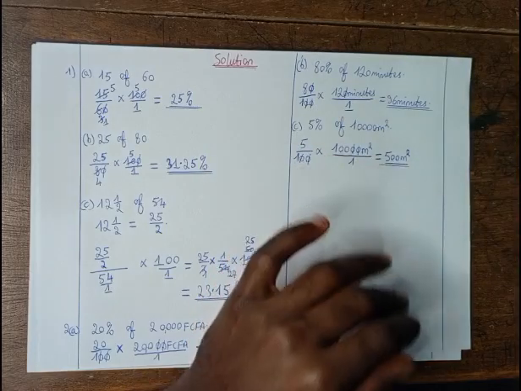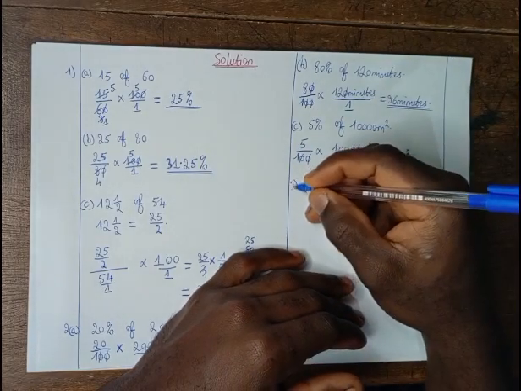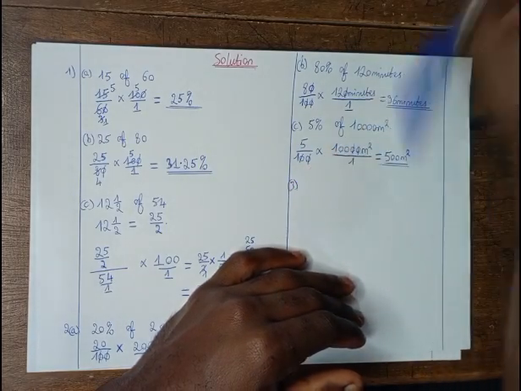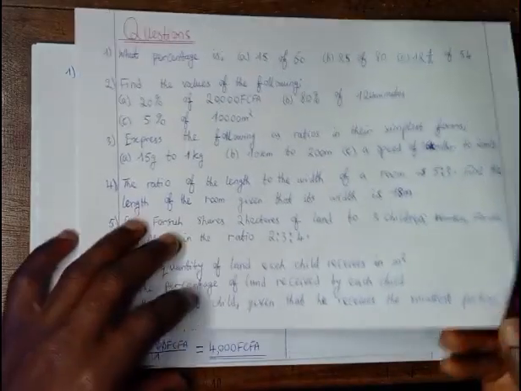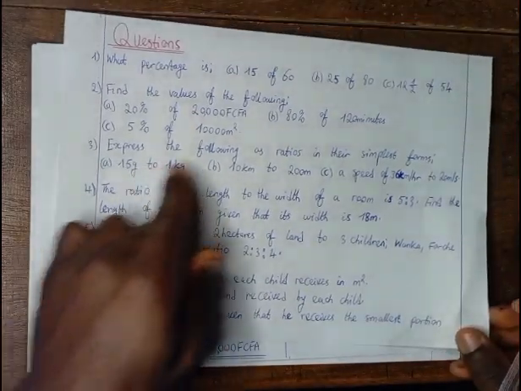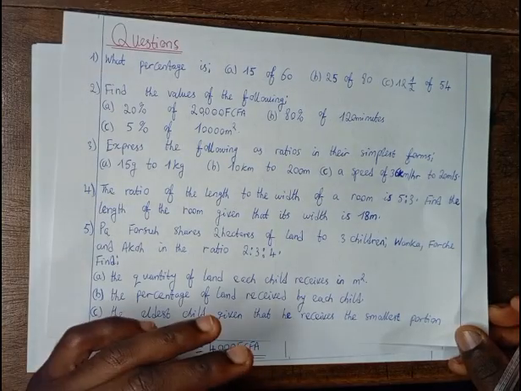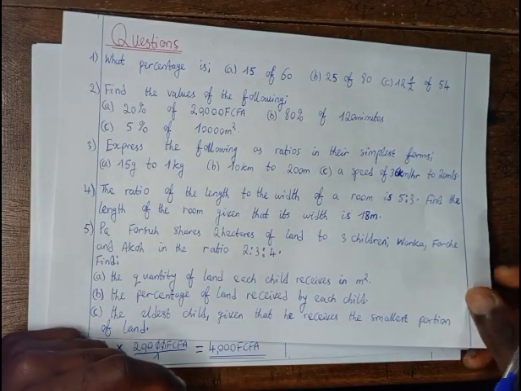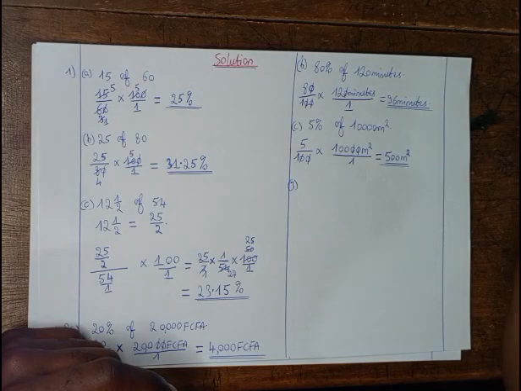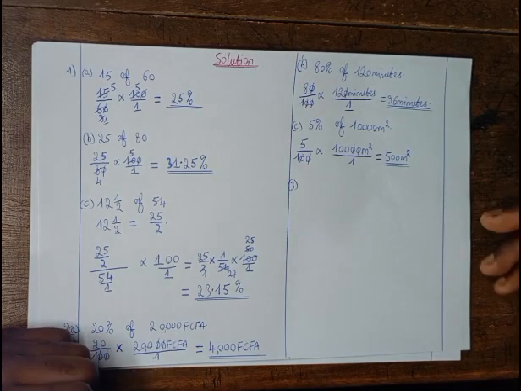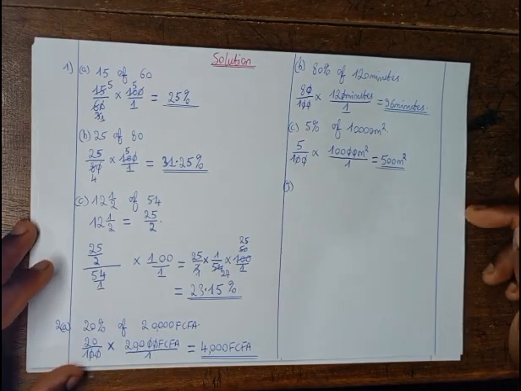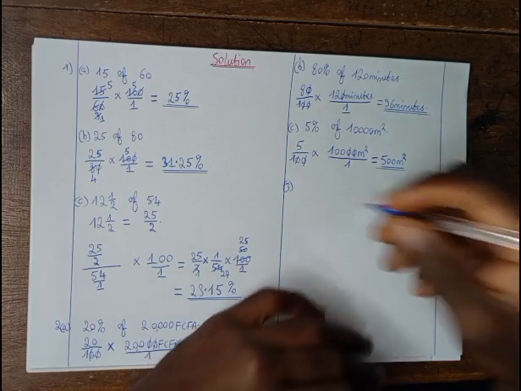Now we go to question 3. For question 3, it says express the following as ratios in their simplest forms. A, we have 15 grams to 1 kilogram. We know a ratio is simply a comparison of quantities of the same kind.